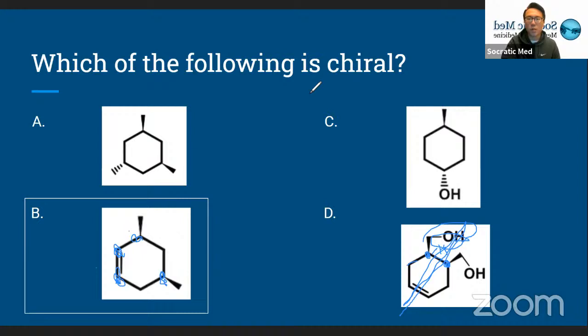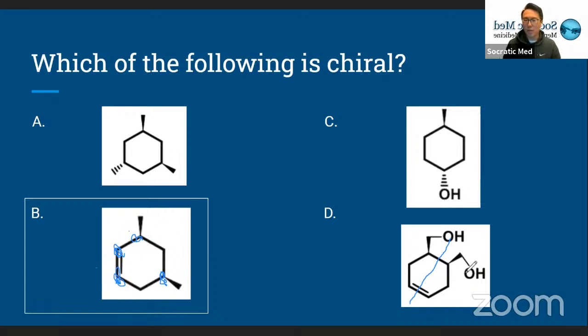Let me try to redraw it so it looks a little better. So if you cut it down this line, both sides of this molecule are symmetrical. So it has this internal plane of symmetry. It just looks a little bit weird because the alcohol groups are not drawn perfectly symmetrical, but if you look at it without looking at how the alcohol group is drawn, you can see that they're both attached to the same alcohol group and they're both wedged.